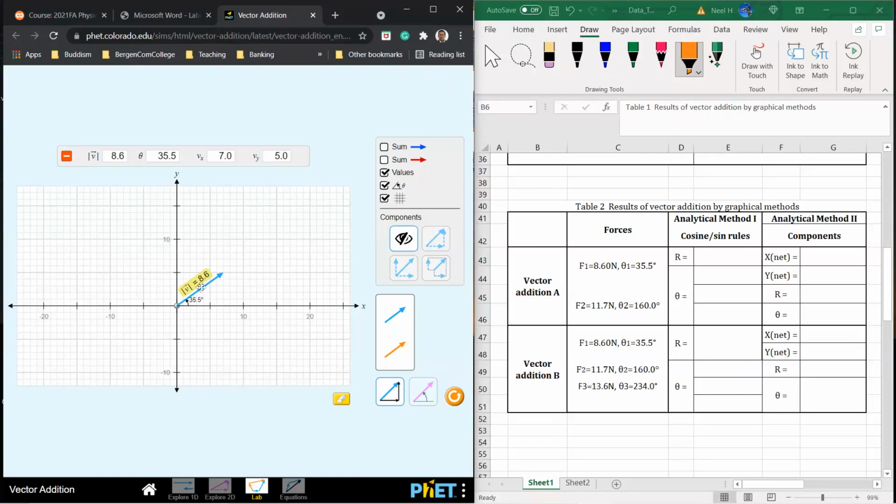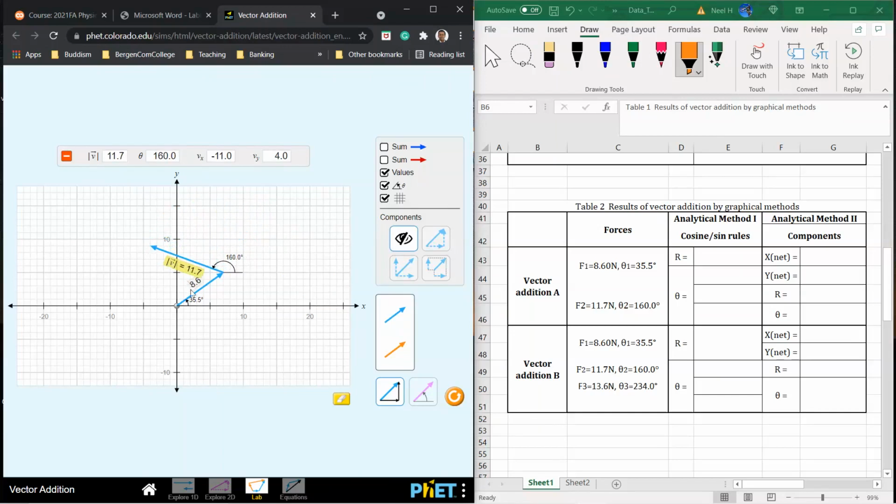All right, so that's our first vector. Then we'll draw the second vector starting from the top of that. The end of the first vector is the starting point of the second vector. Then we'll click the arrowhead and drag towards the second quadrant direction, and check the angle 160 and the magnitude 11.7.